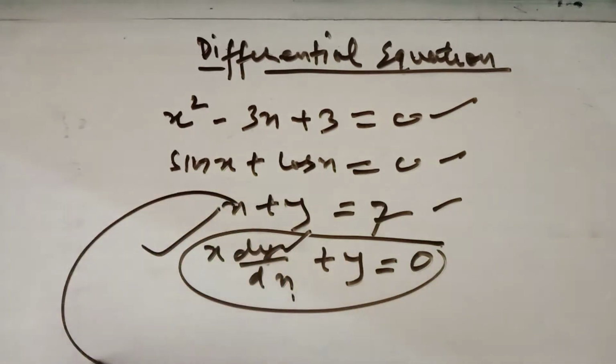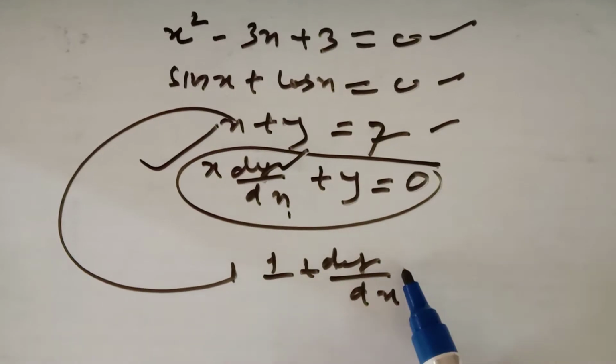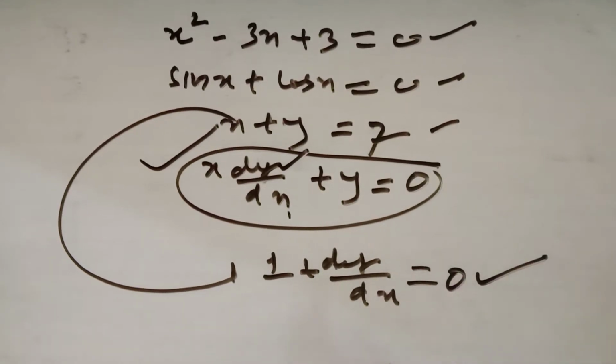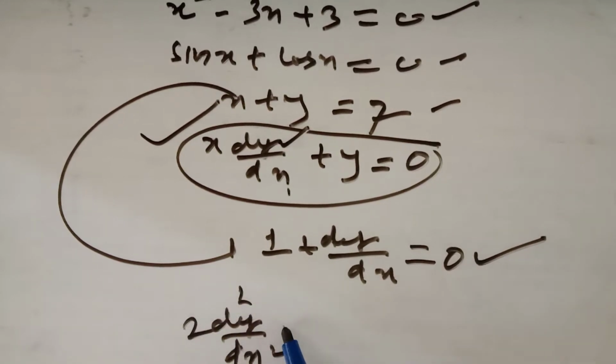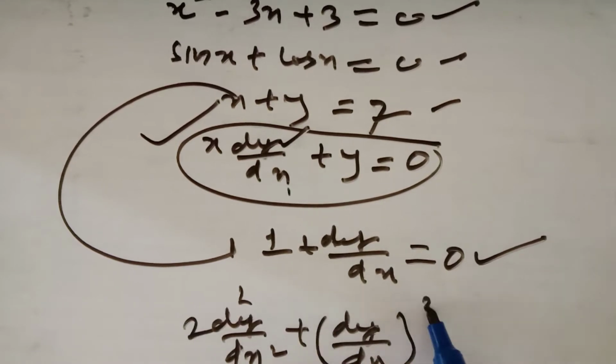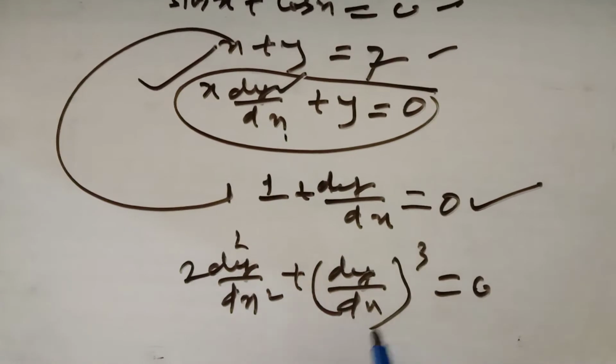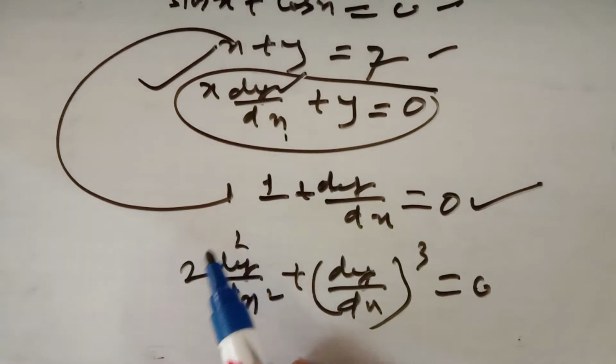Now if this is the equation and I differentiate it, you'll get a differential equation, that is 1 plus dy/dx is equal to 0. So this will become a differential equation. Let us take another to find whether it is a differential equation or not. In this we have a derivative of the dependent variable with respect to the independent variable x, that is the second derivative of y with respect to x.